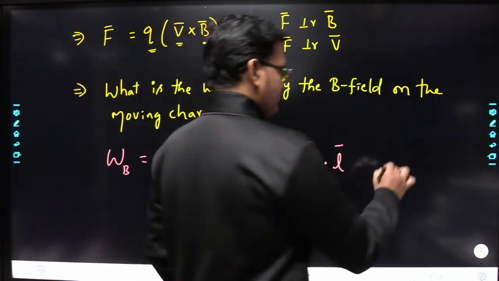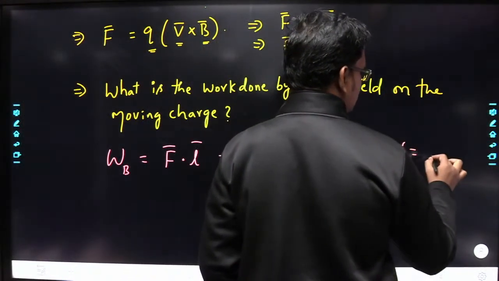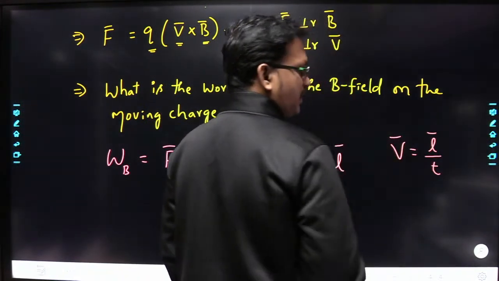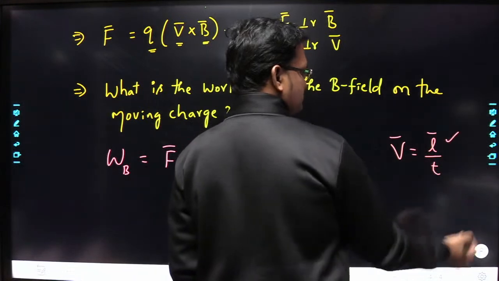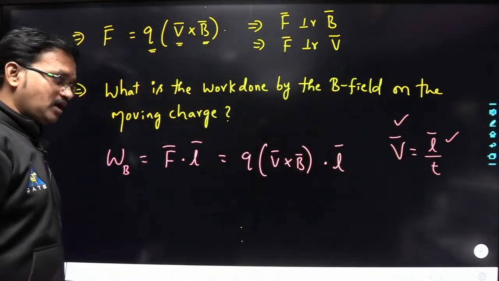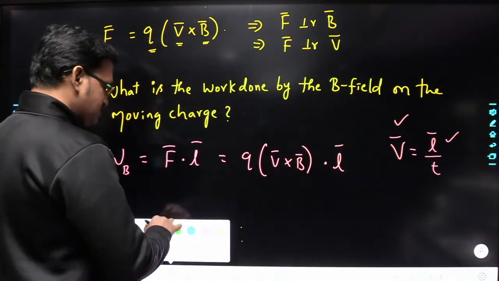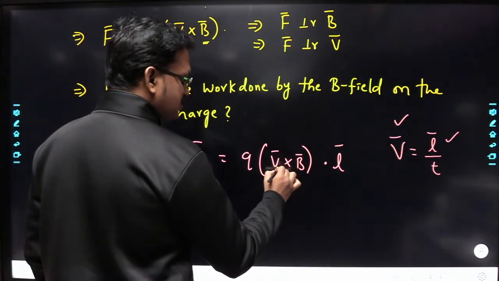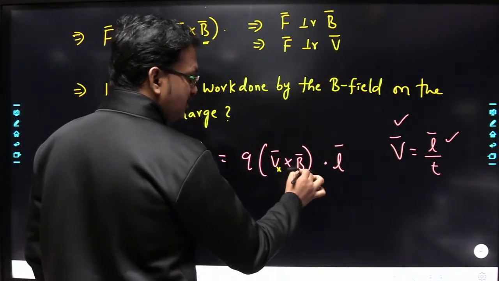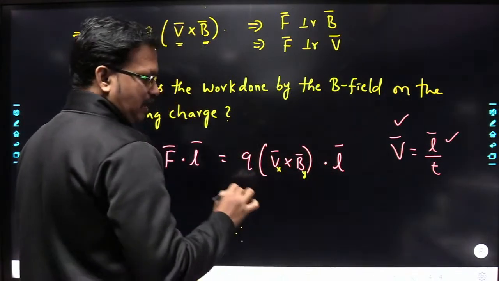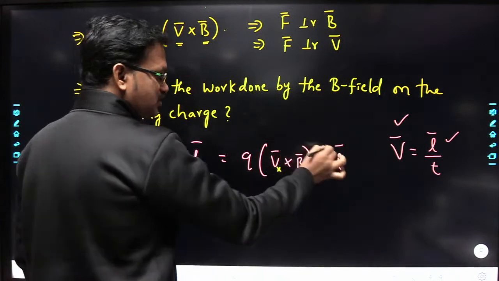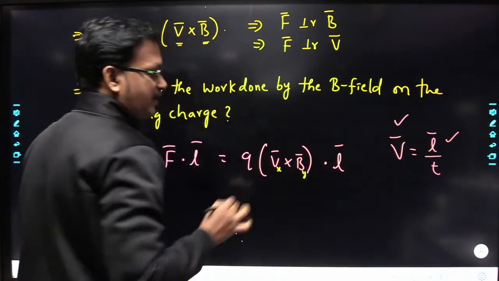See, we know that velocity is equal to displacement by time. So that means the direction of displacement and the direction of velocity both are same. Understood? So if I consider the velocity is in x direction, let us assume, and B field is in y direction, and the displacement I am representing with L bar, the direction of displacement must be same as the direction of velocity.